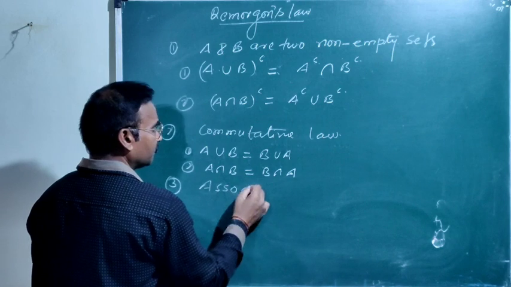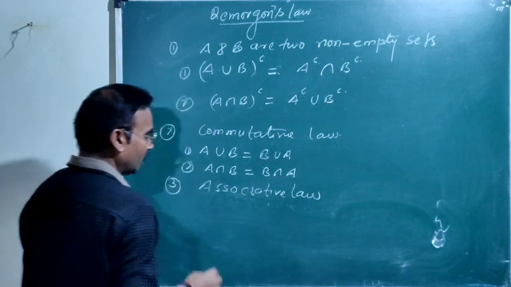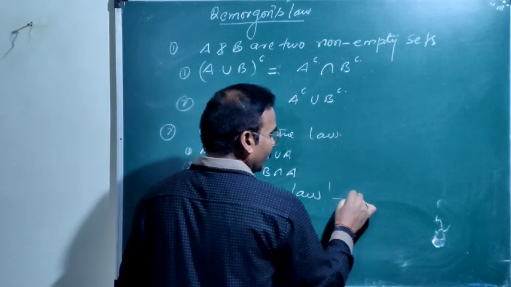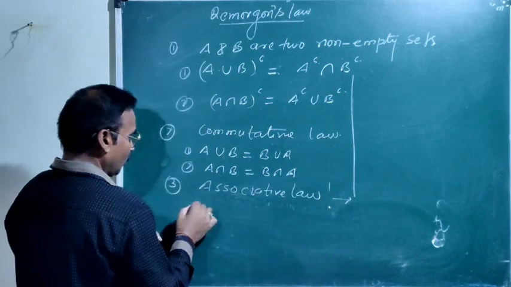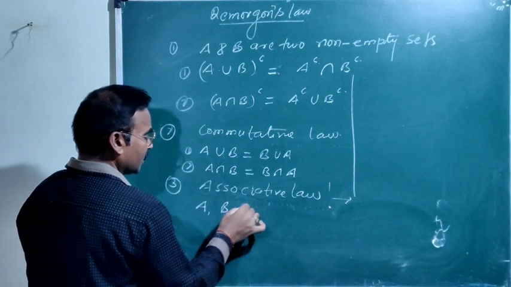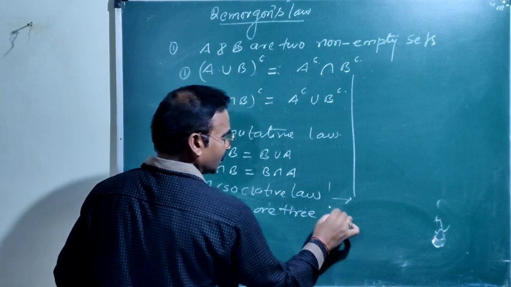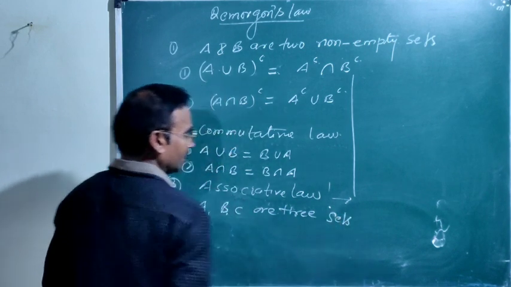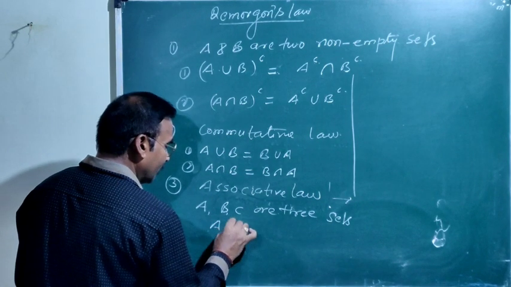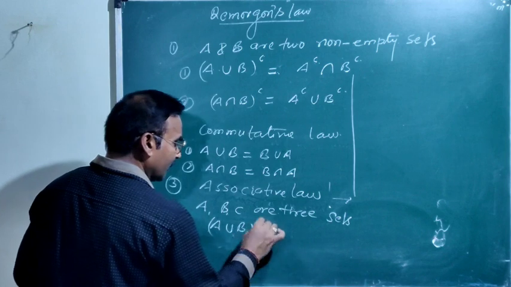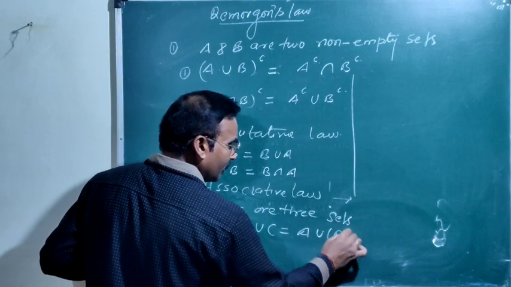Third, associative law. In associative law, you have to take three sets. A, B, C are three sets that should be non-empty. So (A union B) union C is equal to A union (B union C).